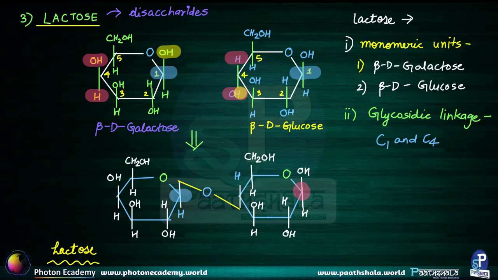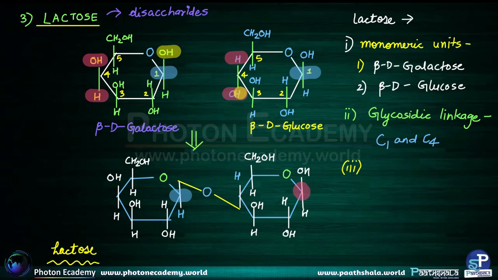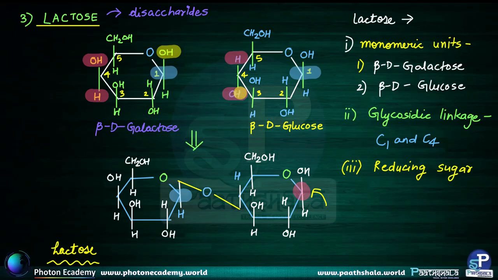The third thing we saw is that because of the anomeric carbon which remains intact in lactose, lactose is a reducing sugar, meaning that it is going to show both the Tollens reagent test as well as the Fehling solution test.